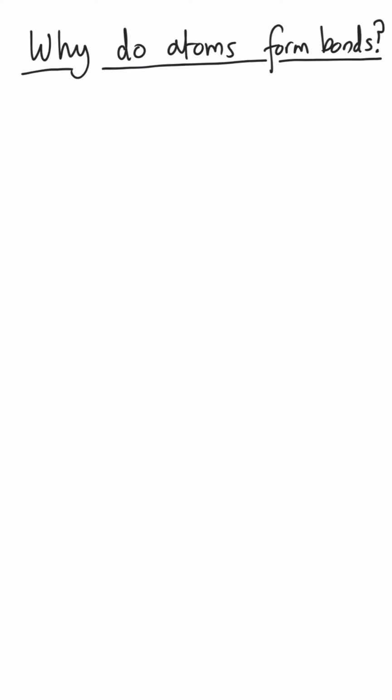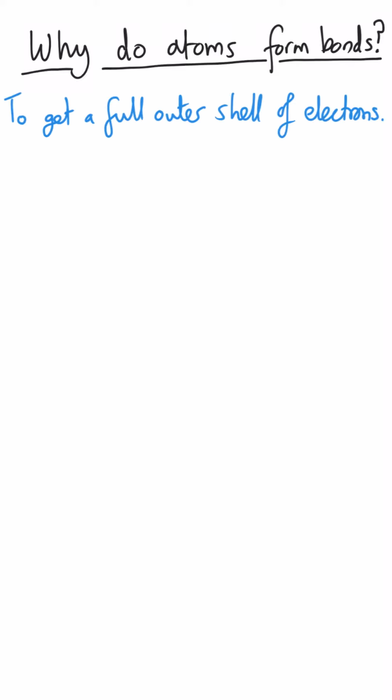Hopefully you also remember that atoms form bonds to other atoms in order to get a full outer shell or a full outer energy level of electrons. And for the most part that means a full shell of 8. But in some situations it means actually only 2.